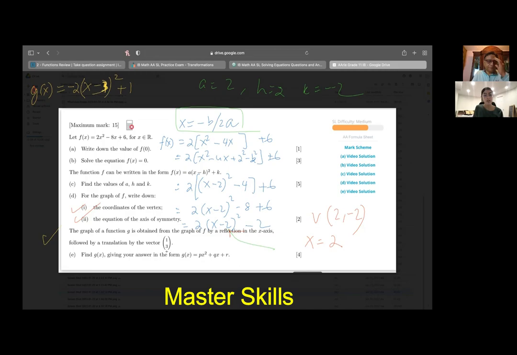Okay, so they're just asking for standard form. So I'd go minus 2x squared plus 12x minus 18 plus 1, which is minus 2x squared plus 12x minus 17, I believe.